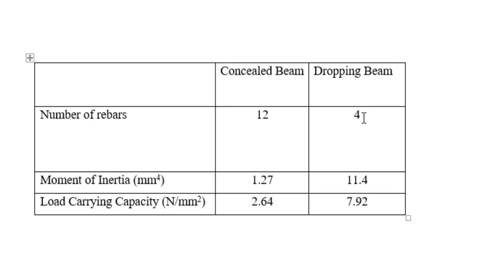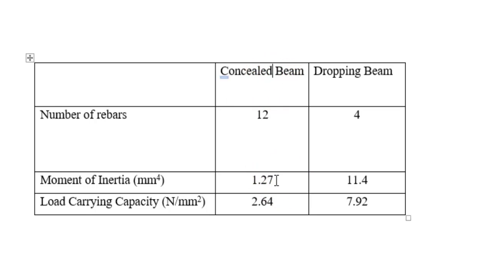Now let's go to the stability. We will first talk about the moment of inertia, which is necessary to calculate the deflection, the flexural rigidity, the buckling, and the bending stress. So what is the moment of inertia for a concealed beam?